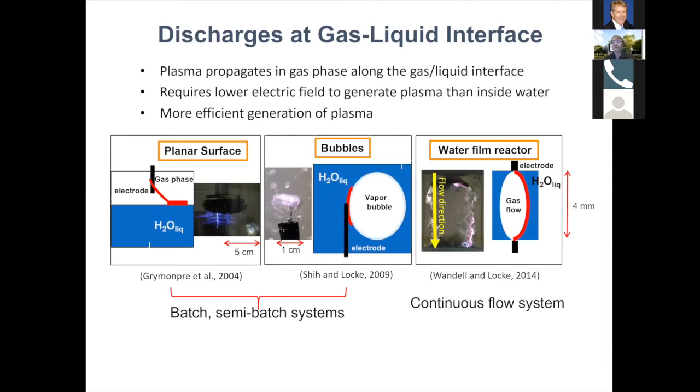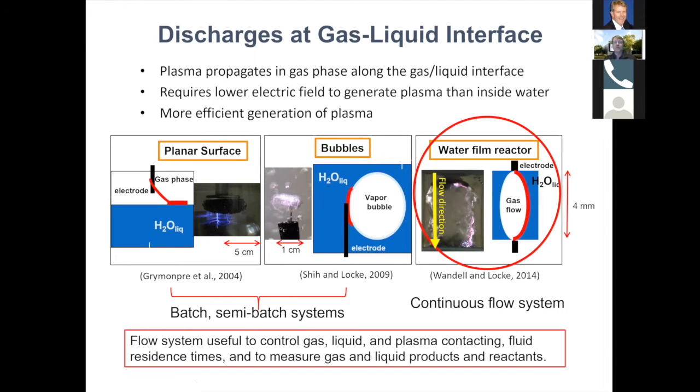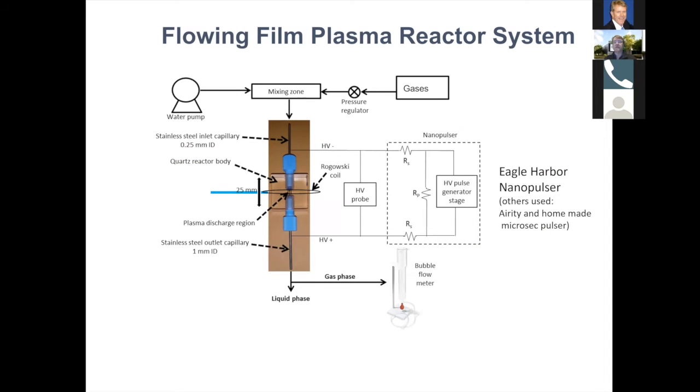This is a continuous reactor as opposed to the batch systems that are given here. And this reactor allows us to do a much more detailed analysis of the reactions that are occurring and the properties of the plasma itself. So the results that I will talk about are utilizing a system where we pump in a liquid, water, containing a contaminant, for example.